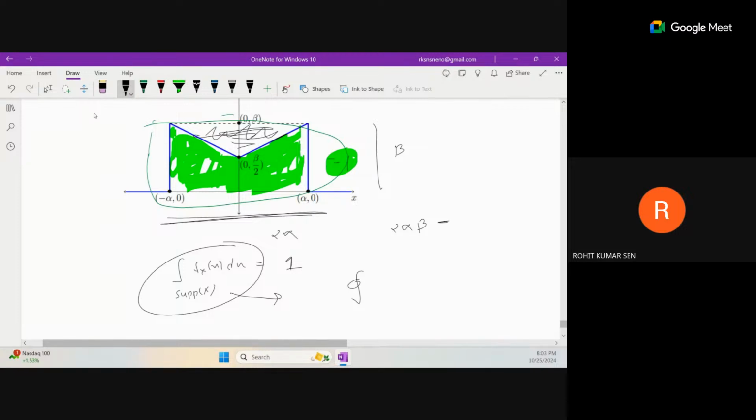So first of all, I will take this rectangle area and multiply it by 2. Sir, we can directly say half into base into height. Base is 2 alpha. What is my height? Beta by 2. Right?